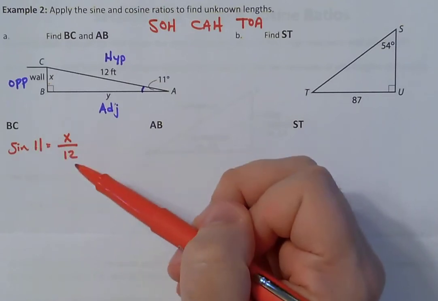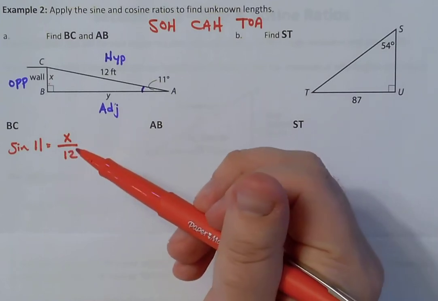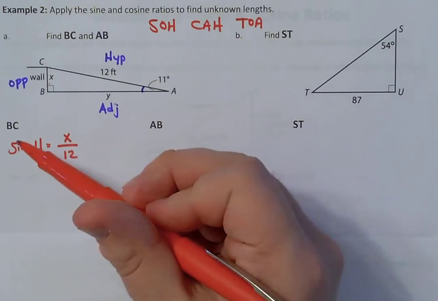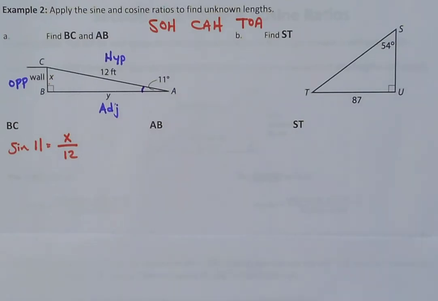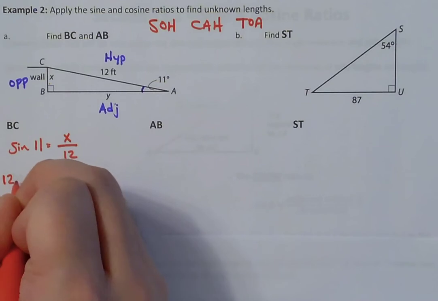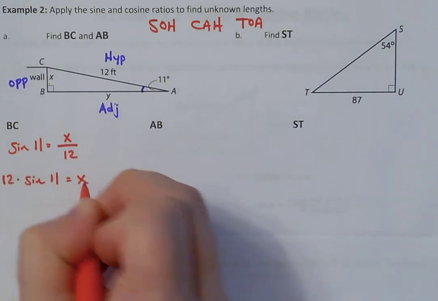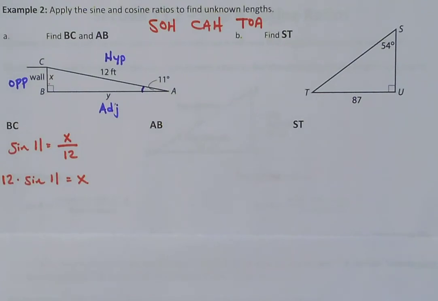If x was on bottom, like I'll show over here, then you would have to flip the place of the sine 11 and 12. But because 12 is on the bottom, all you have to do is multiply it over. So it's 12 times sine 11 equals x.